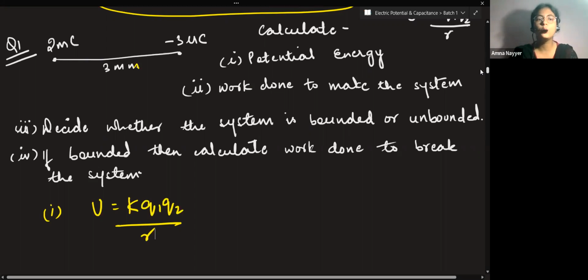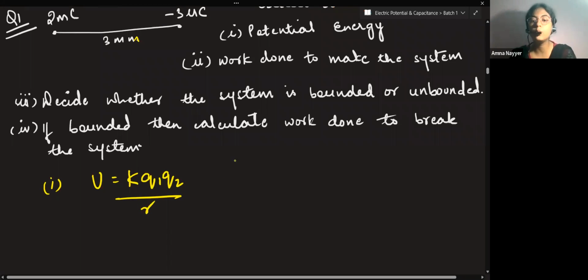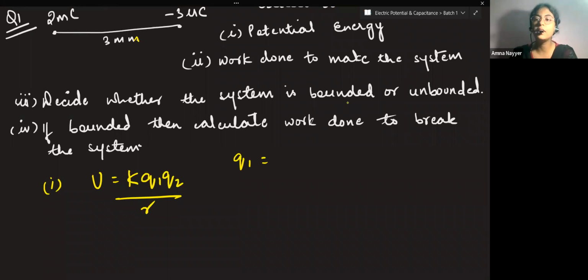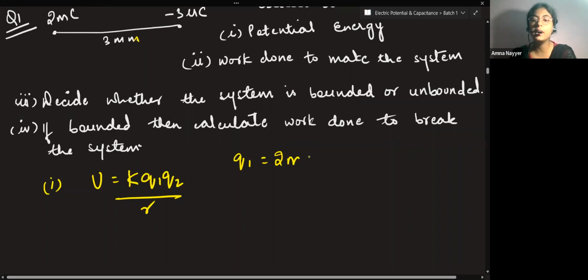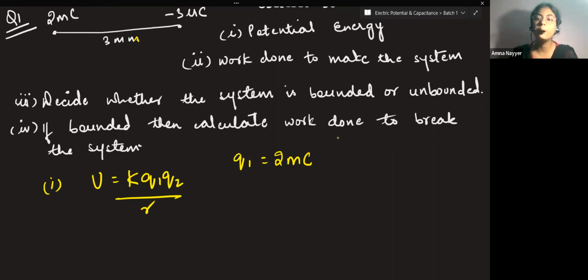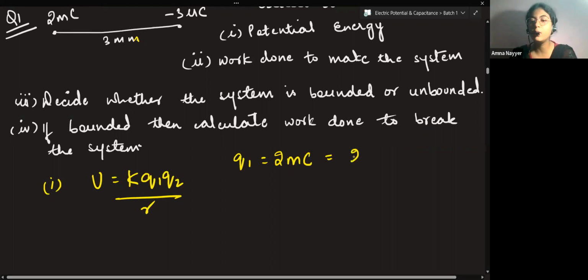Now, Q1 is 2 millicoulombs, so we have to convert it. Milli is 10 to the power minus 3. Q1 is 2 millicoulombs, which means 2 into 10 to the power minus 3 coulombs.